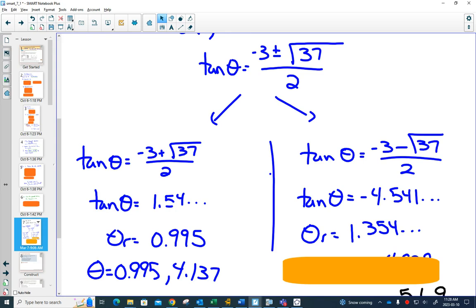Then on the right-hand side, my cast rule would say, oh, tan is negative. Tan is negative in quadrants 2 and quadrant 4. So we use our reference angle to find the answer in quadrant 2 and quadrant 4, and we get those 2 answers.